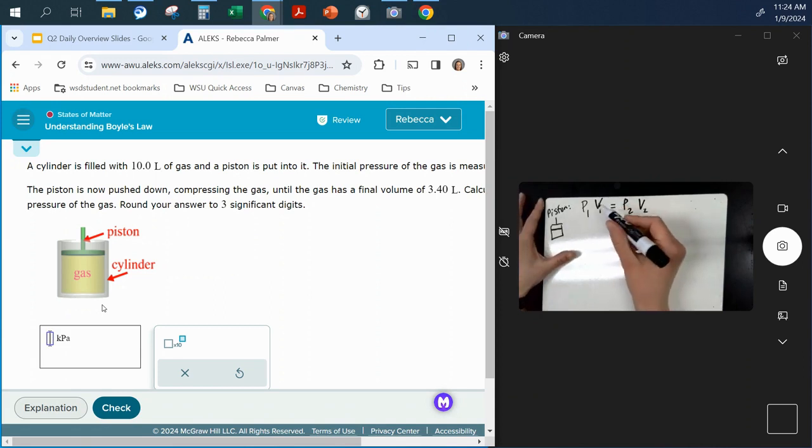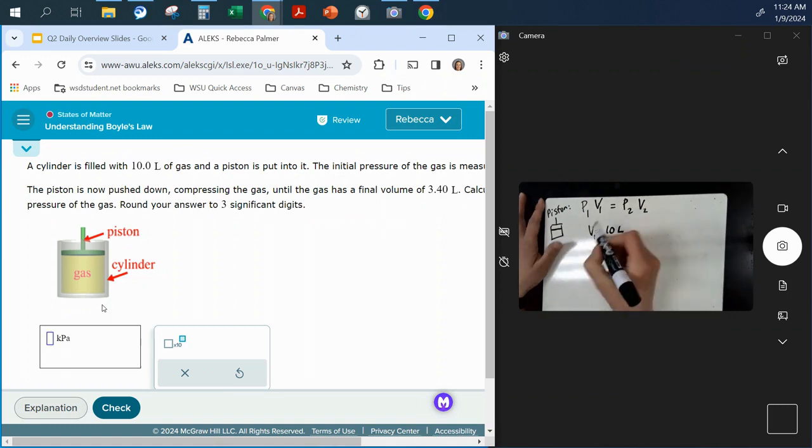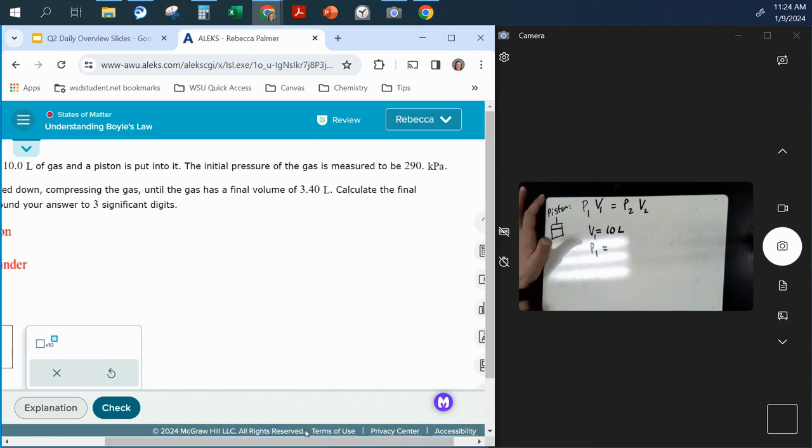All right, so if we're doing just the equation way, we look at what we have. So volume 1 is 10 liters. The initial pressure, so P1, is 290 kPa.